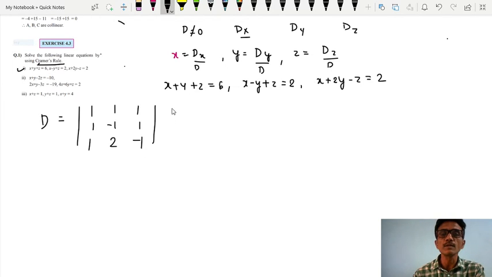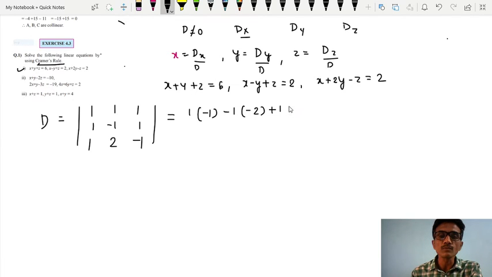So we'll expand this determinant. What is the expansion of this determinant? Listen here. 1 into minus of minus 1 plus 1 and minus 2, it is minus 1. Then minus 1 into expansion of this determinant, minus 1 and minus 1, it is minus 2, plus 1 into expansion of this determinant, 2 minus of minus 1, that is 3.